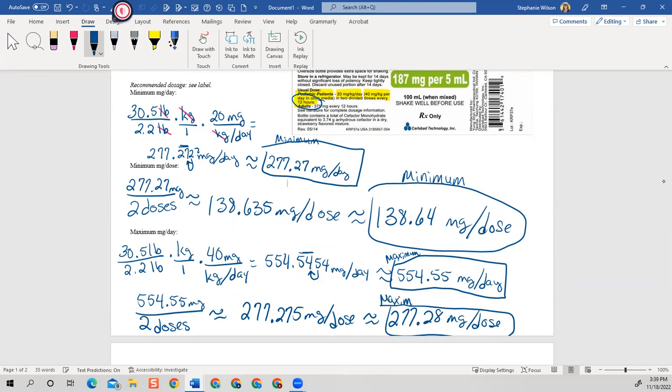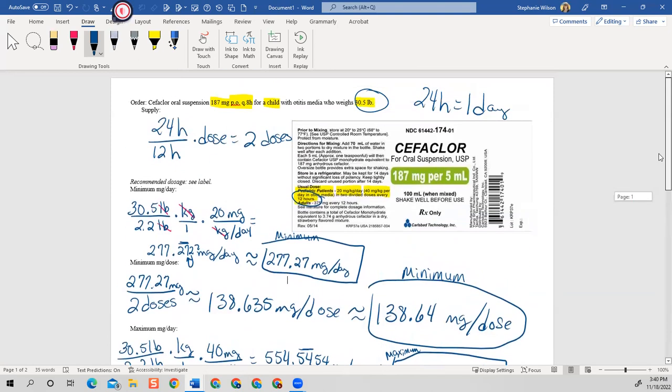Let's go back to the order. The order actually states per dose, right? It says 187 milligrams by mouth every 8 hours. So that's per dose, and every 8 hours happens 3 times in one day, so there are 3 doses in one day. But the recommendation talked about 2 doses per day.